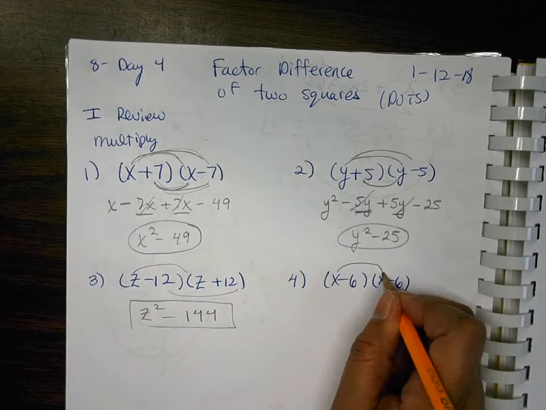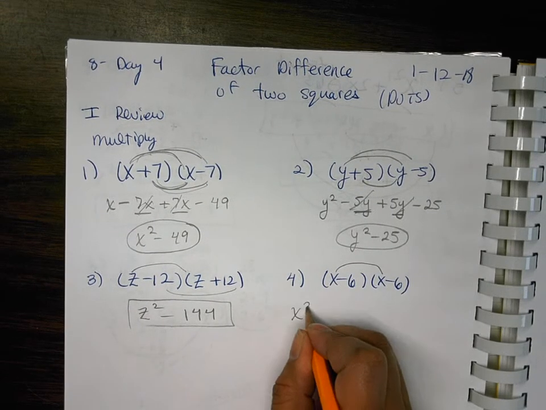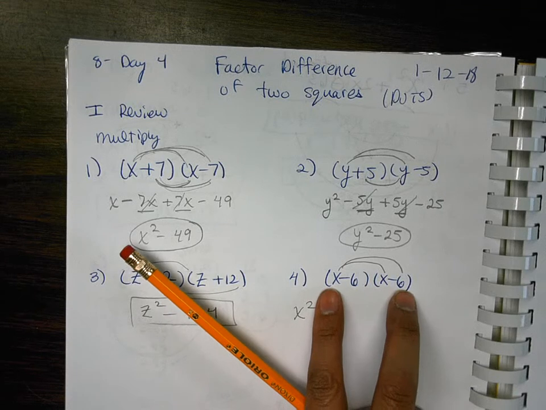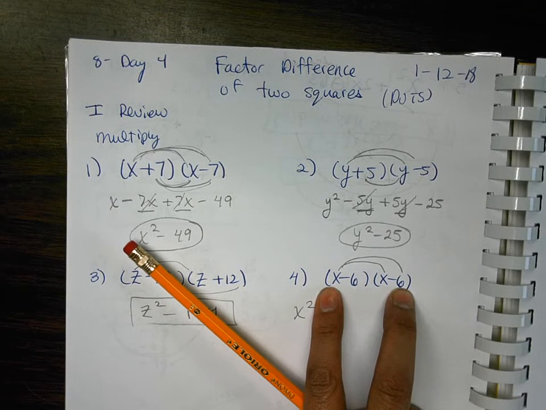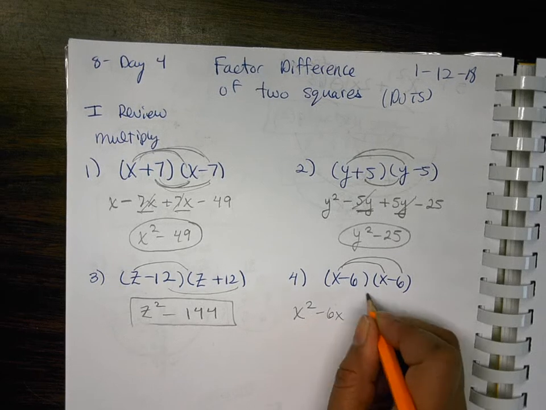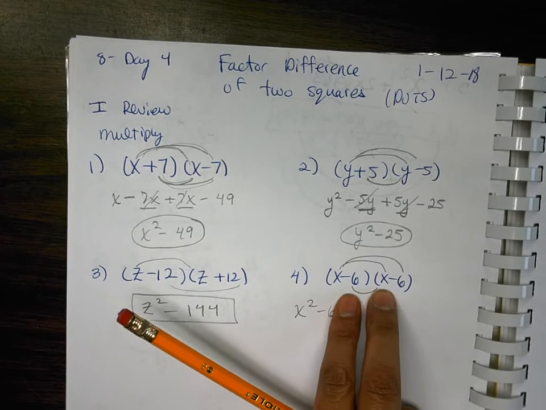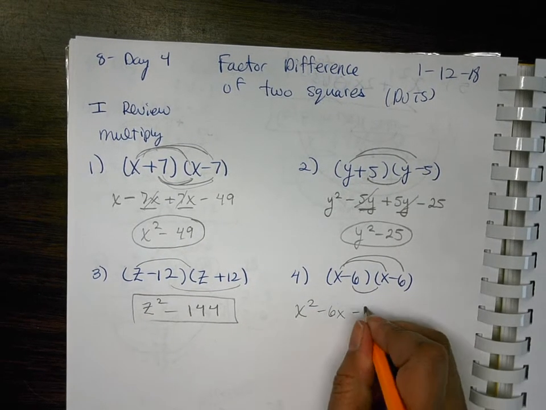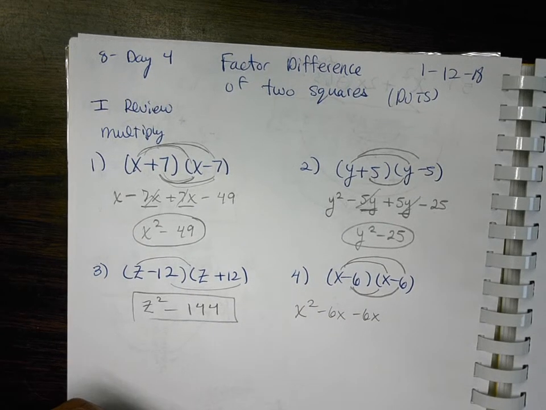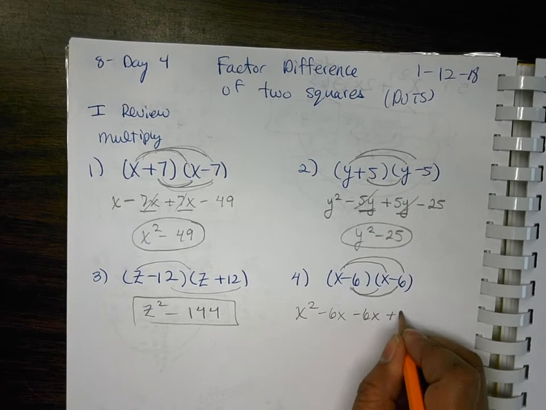Let's check it. What's x times x? And then plus 6x or minus 6x right here? X times negative 6 is negative 6x, and right here as well it's also what? Negative 6x, and at the very end plus 36 or minus 36? Plus.